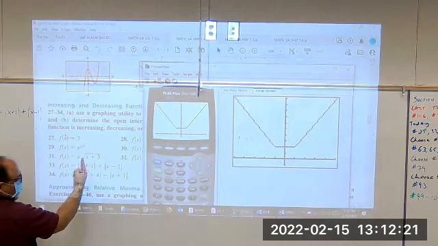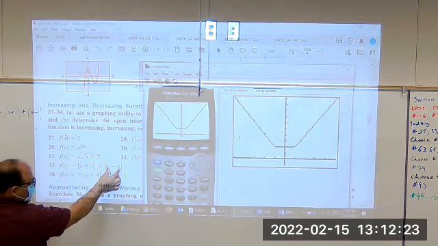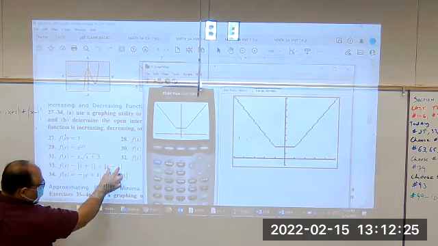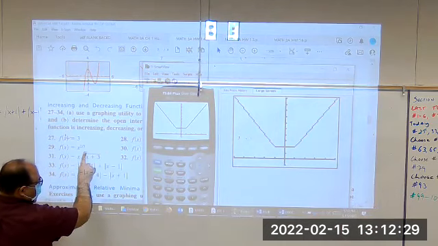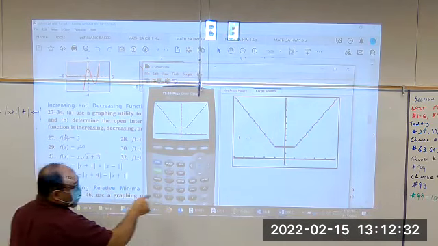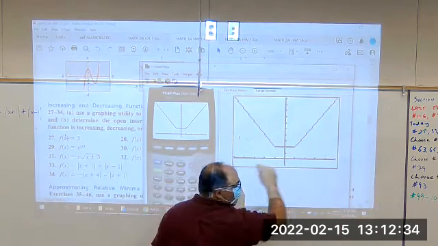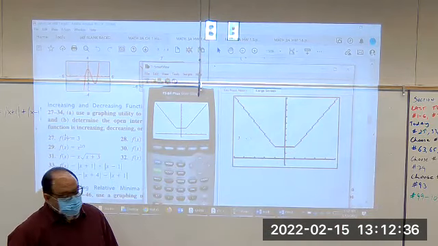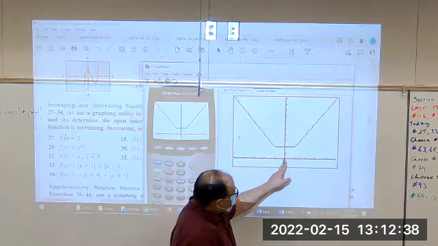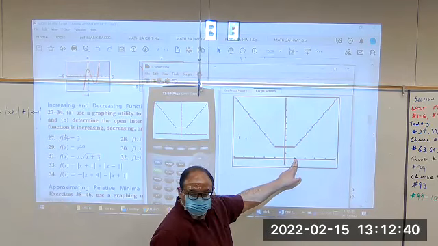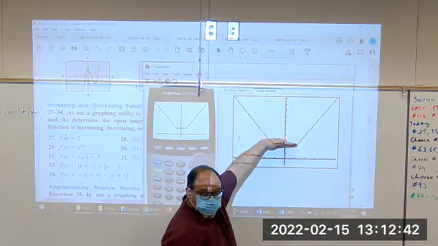Absolute value of 1, 1. 0 minus 1, we get -1. The absolute value of -1 is 1. You end up with 1 plus 1. When you plug in 0, the Y value is a 2. Everything between 0 and 1 is a 2.